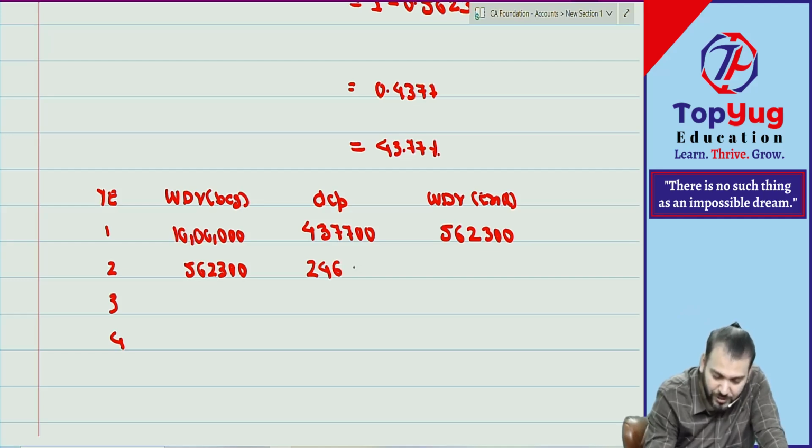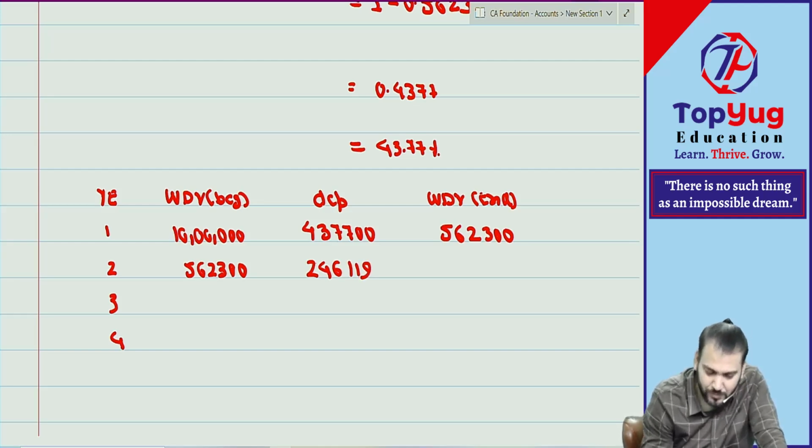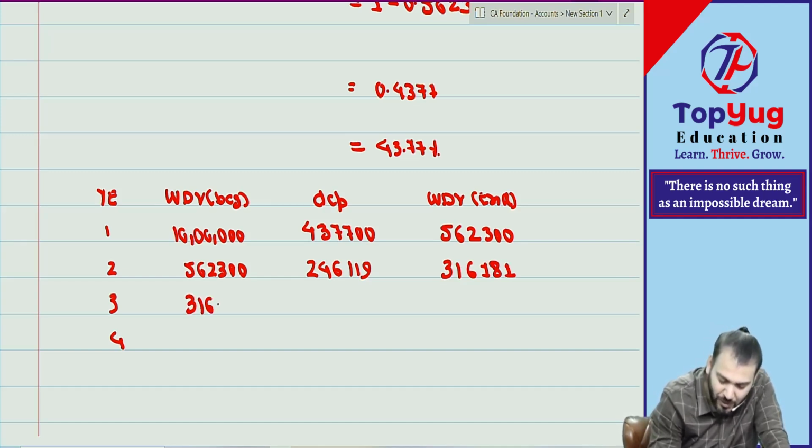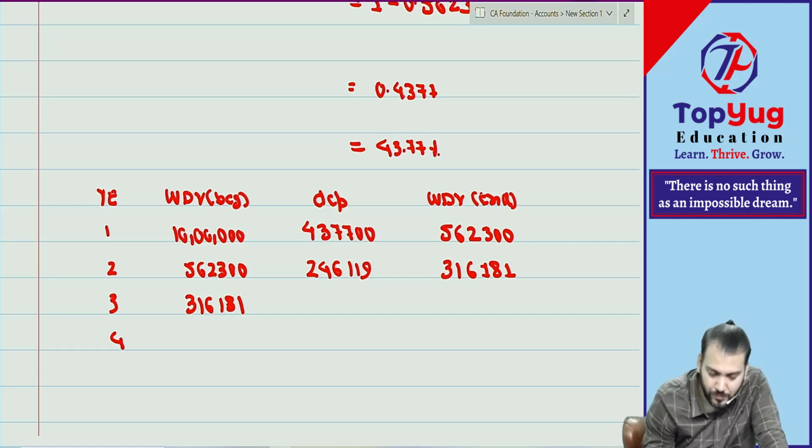2 lakh 46,119, कर दूं? It becomes 3 lakh 16,181. Then 3 lakh 16,181. How much? 1,38,392. Then what? 1,77,788.